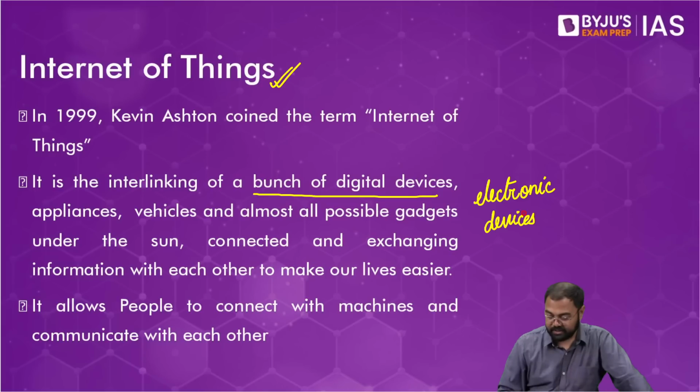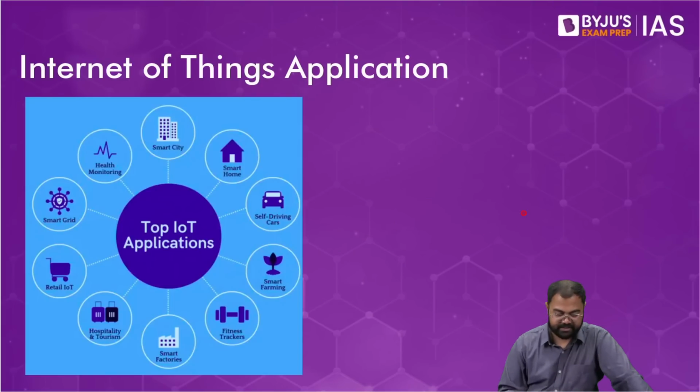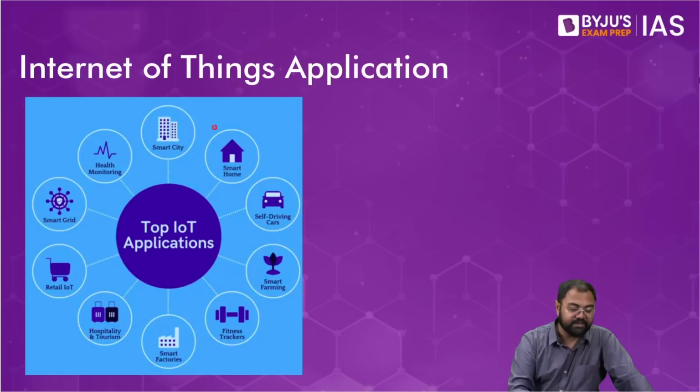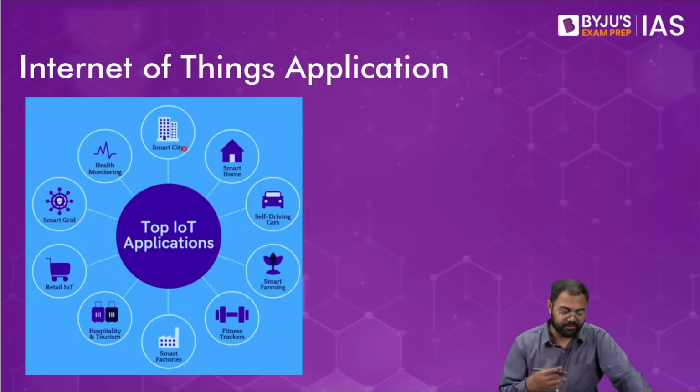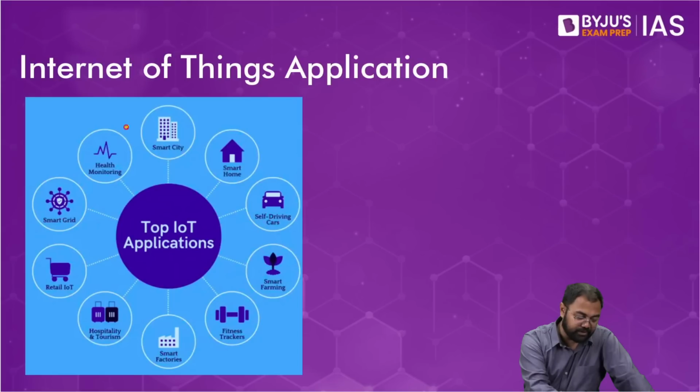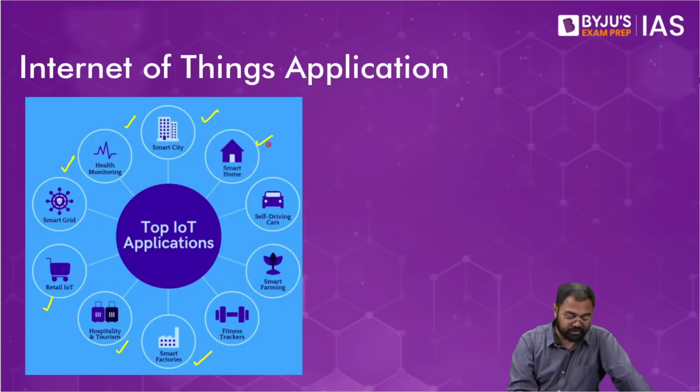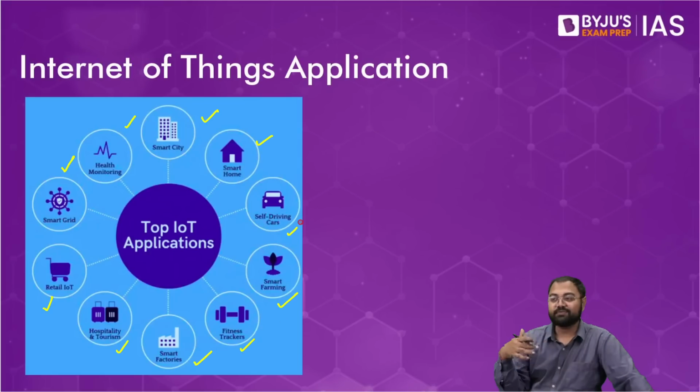Because of this connection, there are a lot of different ways in which they become useful for us, whether it is health monitoring, smart grid, retail, hospitality and tourism, smart factories, smart cities, smart home, or even agriculture. You'll see that there are a lot of ways in which it will be useful.